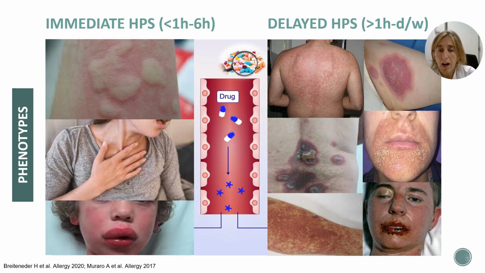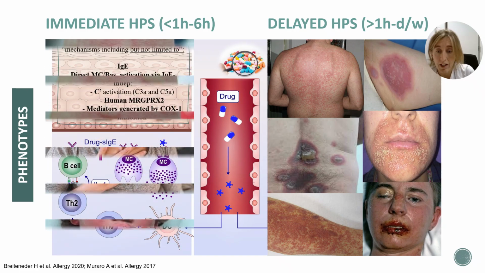And in hypersensitivity, we distinguish between immediate hypersensitivity, when symptoms occur from below 1 hour to 6 hours, and delayed hypersensitivity, when it ranges from more than 1 hour to days or weeks. And drug allergies, drug hypersensitivity reactions can occur in both of them. We have different phenotypes and also different endotypes.